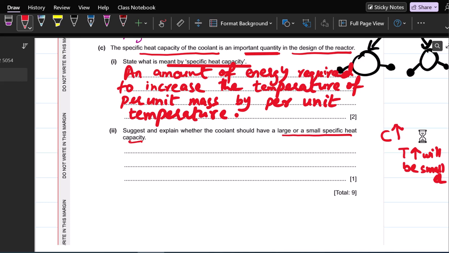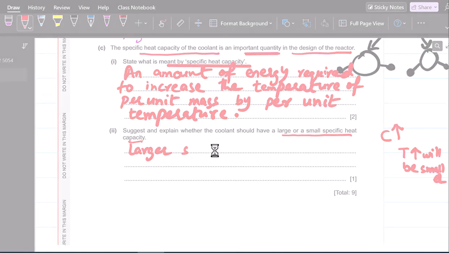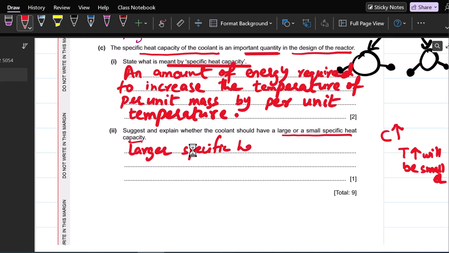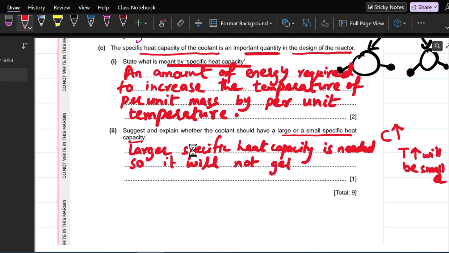So what I would be saying here: larger specific heat capacity is needed, so the coolant will not get to a high temperature.